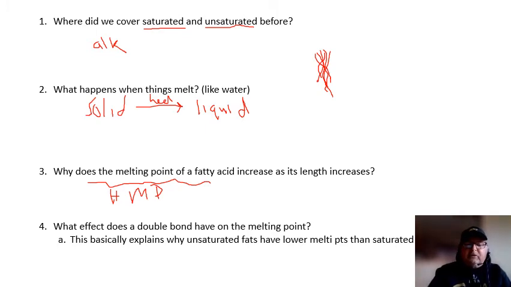Now, once you put a double bond on this long chain, it makes the chain stiffer, and it makes it easier to melt because it takes less energy to break apart those interactions. So long chains have a higher melting point than shorter chains, and saturated have higher melting points than unsaturated because of the stiffness factor.